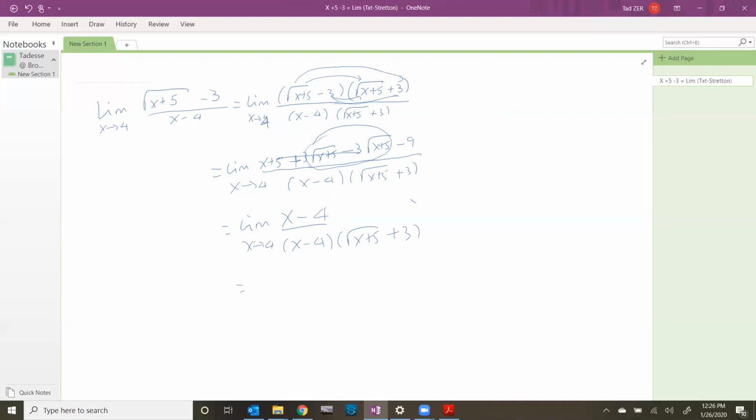So now these two cancel out. What's left? The limit of 1 over radical x plus 5 plus 3, as x approaches 4.